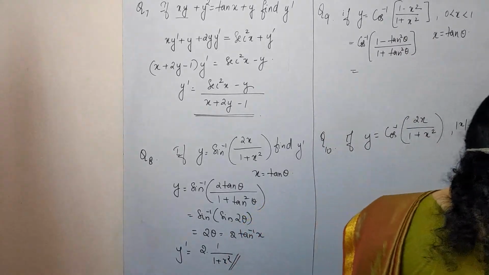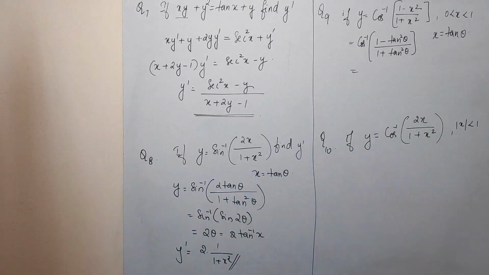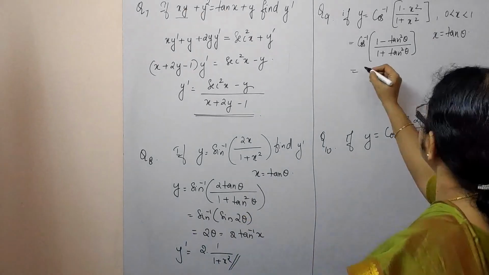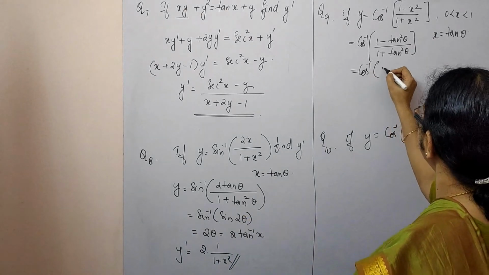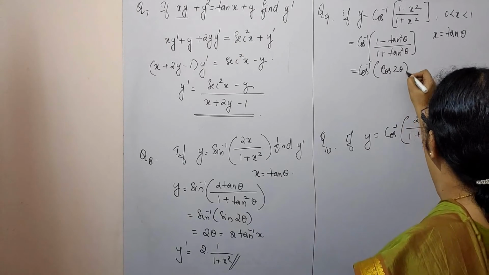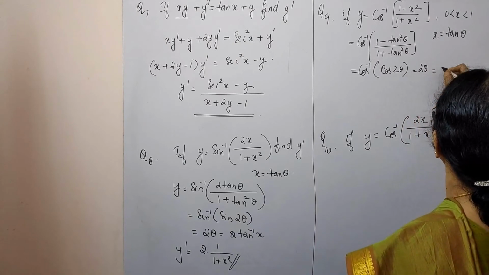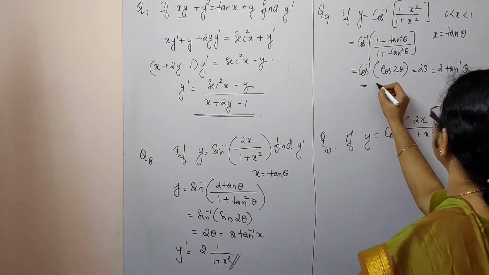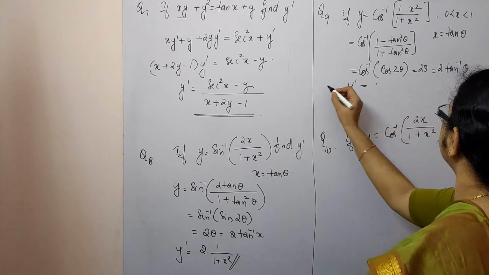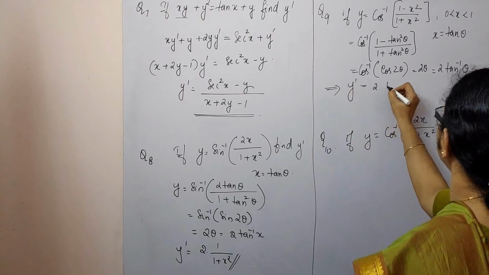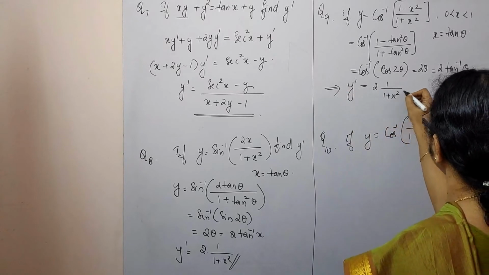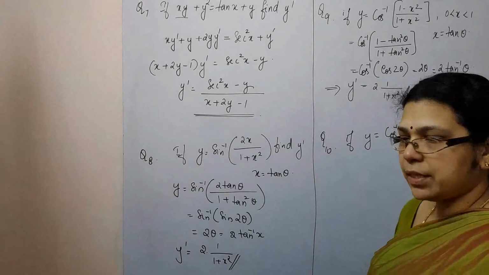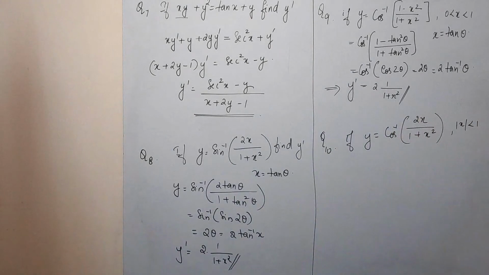Cos inverse of 1 minus tan squared theta by 1 plus tan squared theta is cos inverse of cos 2 theta, which is 2 theta. Again, which is equal to 2 into tan inverse of x, which implies y dash is equal to what? 2 times 1 by 1 plus x squared, or 2 by 1 plus x squared. Now, coming to the next question.